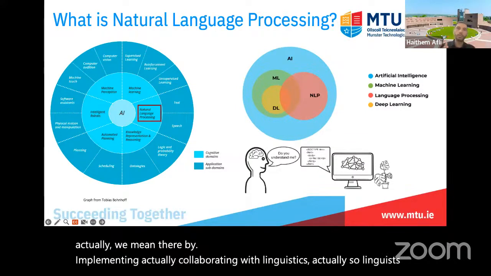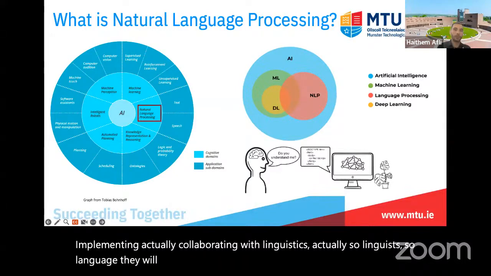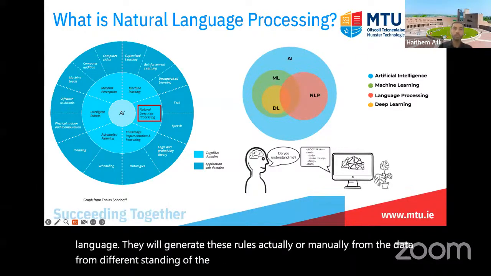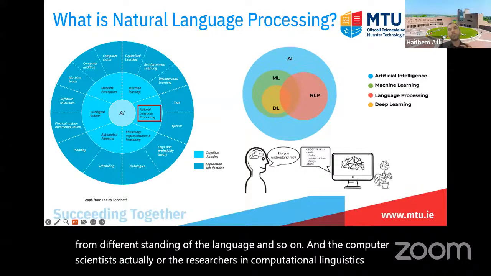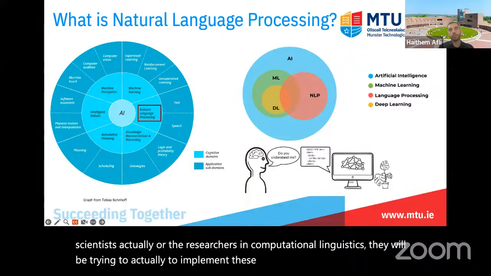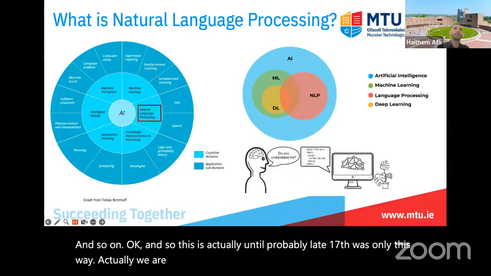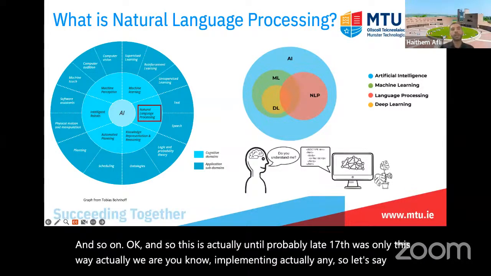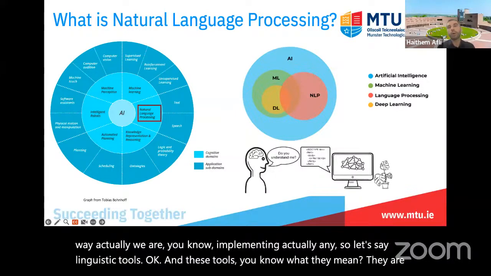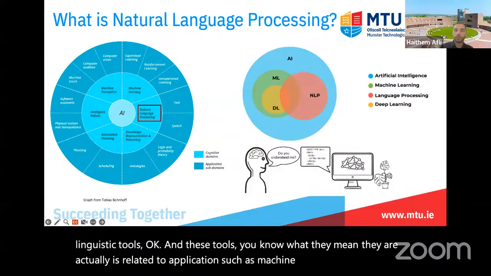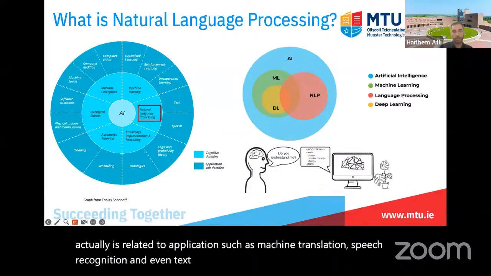So linguists would generate these rules manually, from the data and from their understanding of the language, and the computer scientists, or researchers in computational linguistics, would try to implement these rules in terms of software or code. Until probably the late 17th it was only this way, implementing NLP, so let's say linguistics tools. These tools relate to applications such as machine translation, speech recognition, and even text generation.